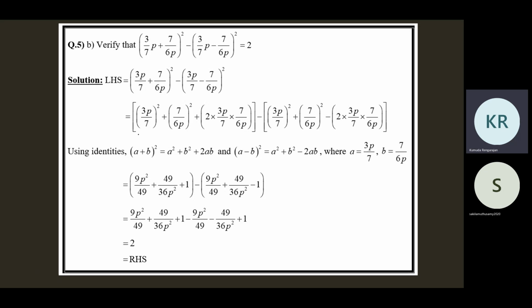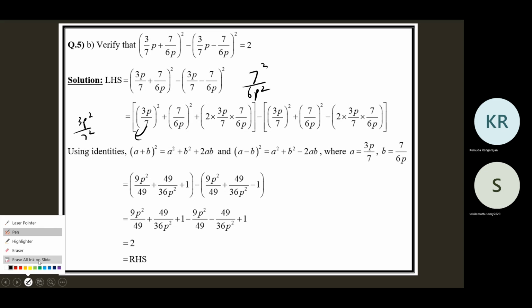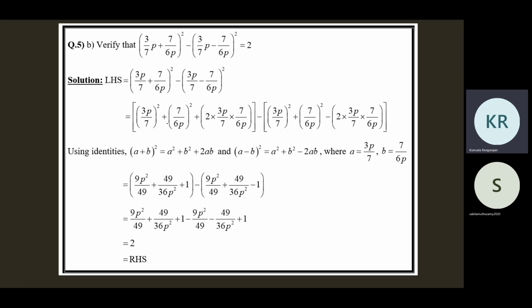See, for the first part, you've written 3p square by 7 square. It's wrong. And 7 square by 6p square, that's wrong. It's 6p the whole square. So there is no alternative. You have to do this like this.